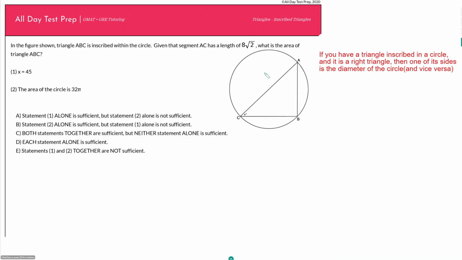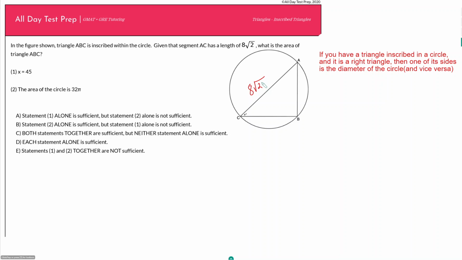A lot of times with rules like this, the GMAT is trying to trick you into making assumptions that you don't in fact know. So from the prompt, we know this side here, the length of 8 rad 2. And then they're asking for the area of the triangle.